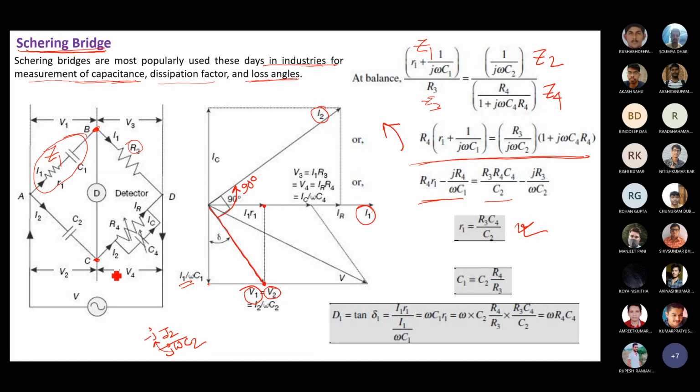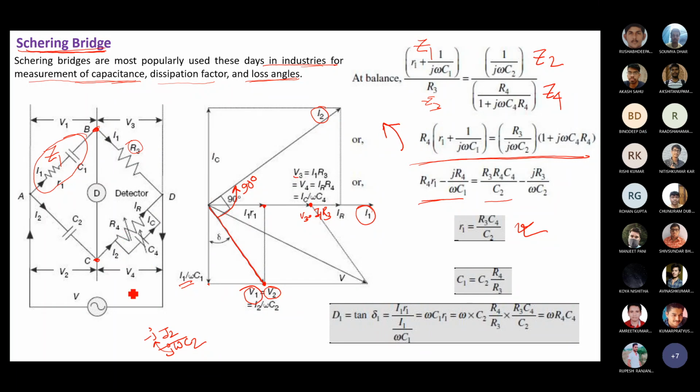Now, what is the value of V3? V3 equals I1 R3. Similarly, V3 equals V4, and V4 equals IR into R4.